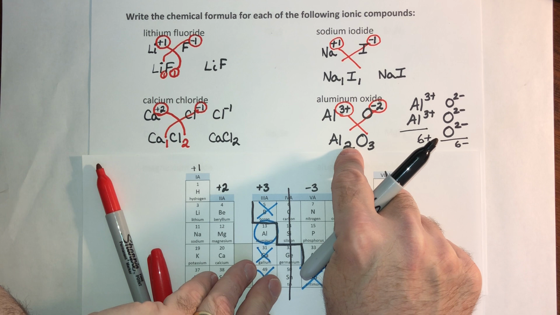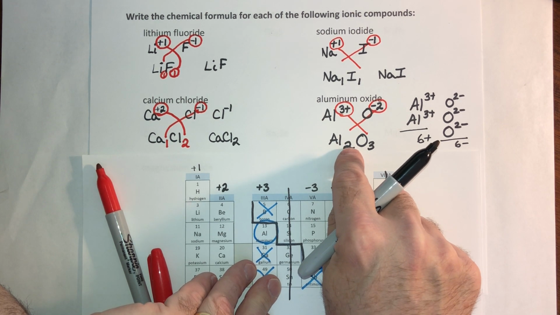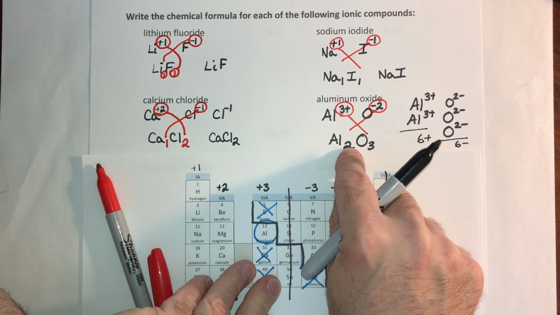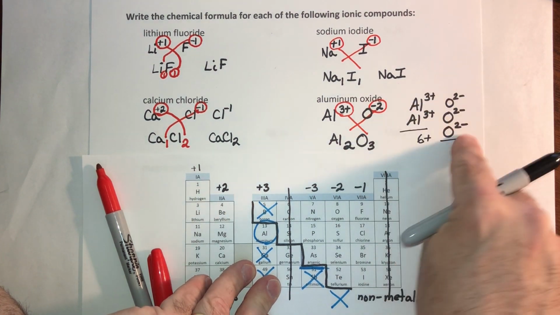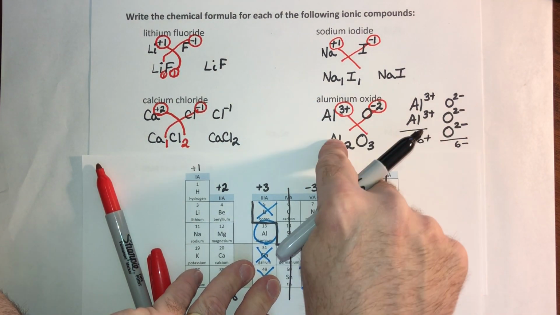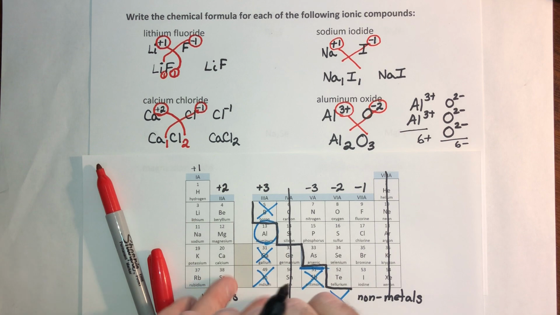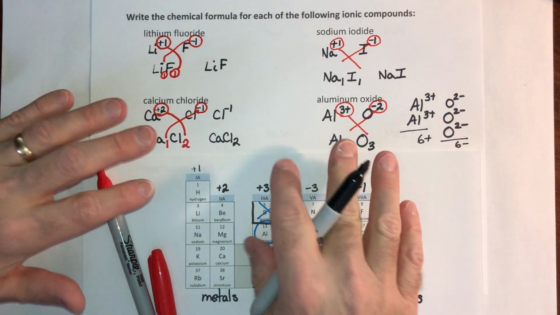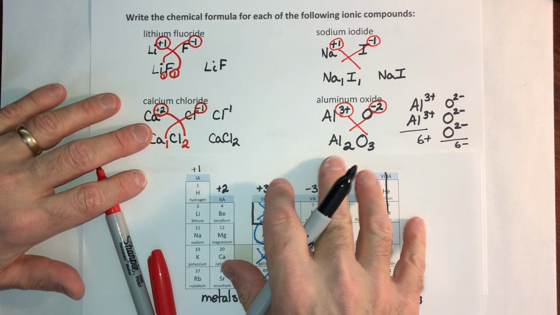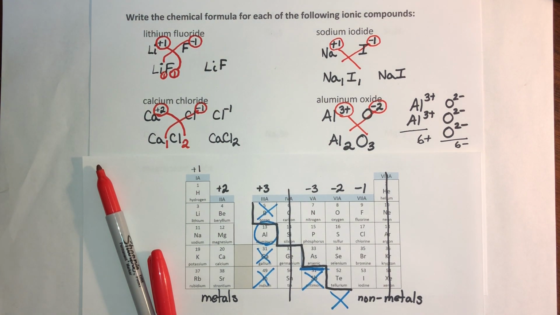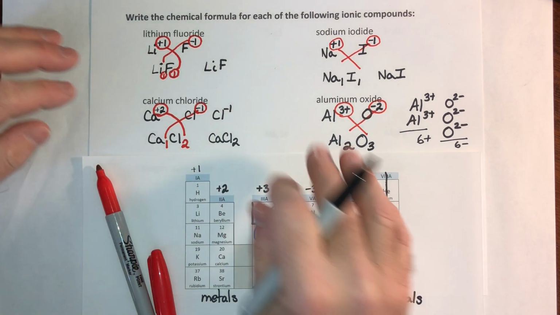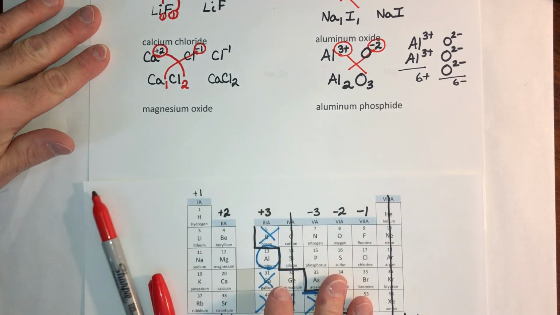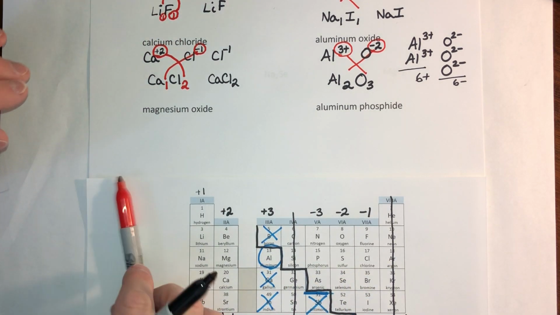Because in an ionic compound, the total amount of positive and negative have to balance. Okay, this is what we're really doing, but when we cross the numbers, that's a bit of a shortcut. It's to make our life a little bit quicker, because usually writing chemical formulas is a step 1 in a bigger problem. All right, let's see if we can move on to our next 2 examples.